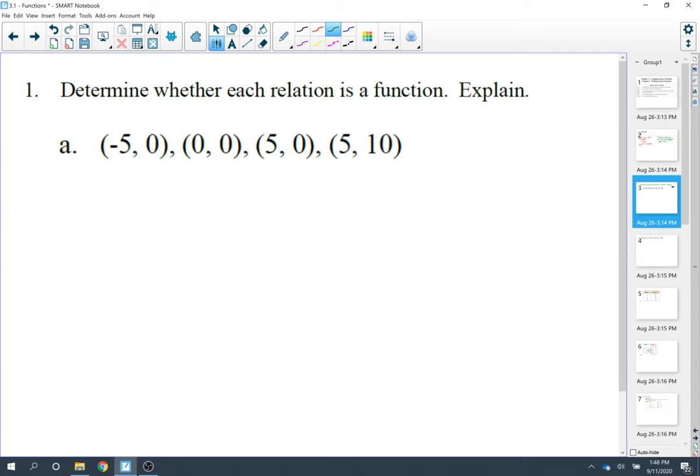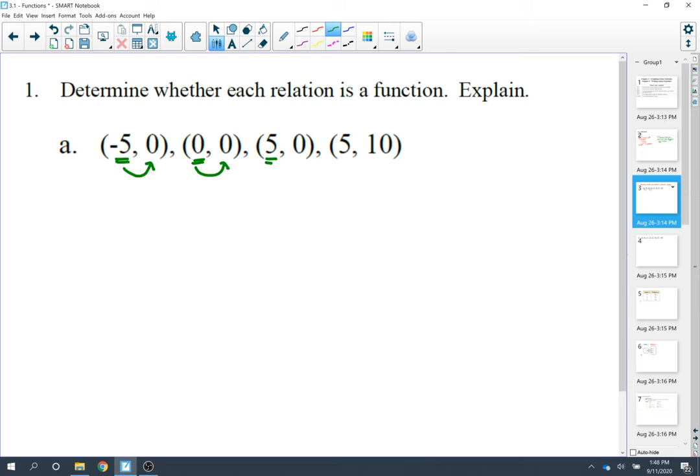Number one, determine whether each relation is a function, and then kind of explain where we're coming from. So we've got a whole bunch of x, y pairs. Each input has to be paired with exactly one output. My input is -5, and that's being paired with 0. Here my input is 0, and that's being paired with 0.